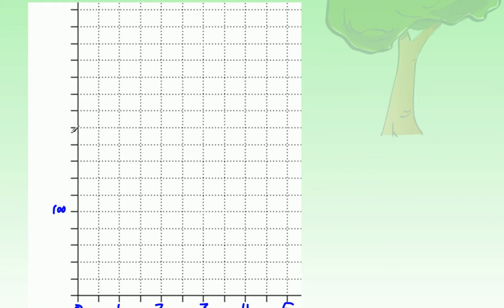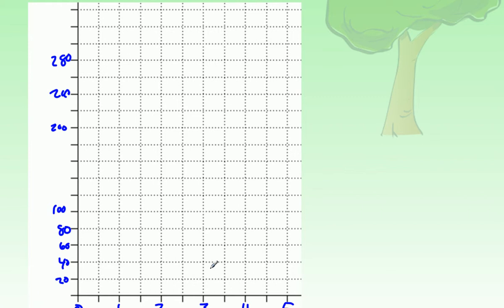That would put 230 right here. That's not too bad, so let's do that. So this is 20, 40, 60, 80, and we get the idea from there. So that's 200, 220, 240, 260, 280, 300.